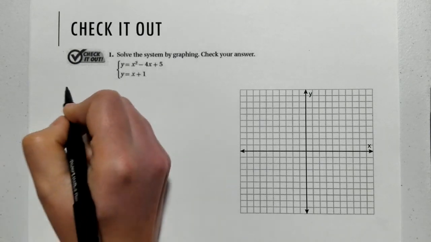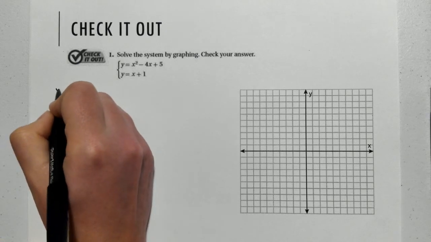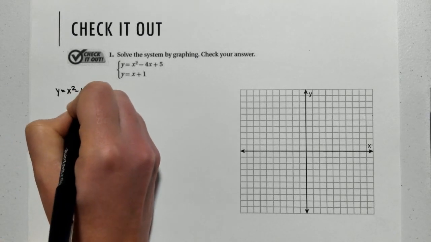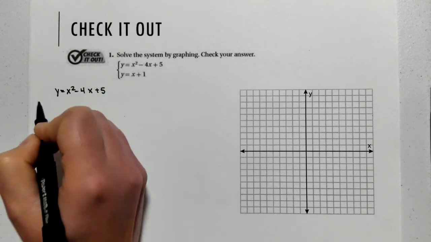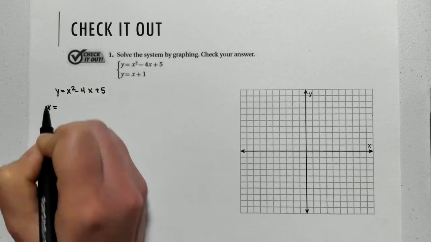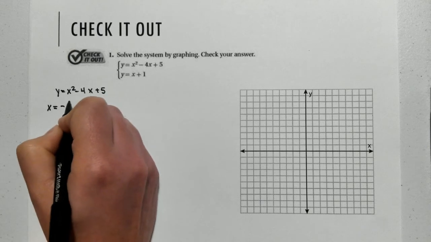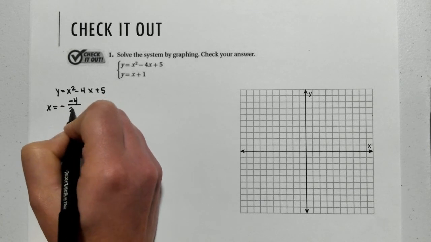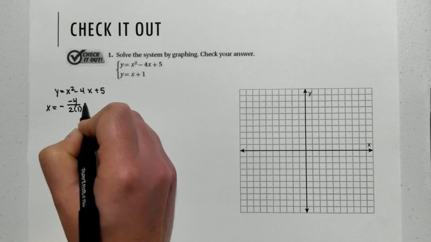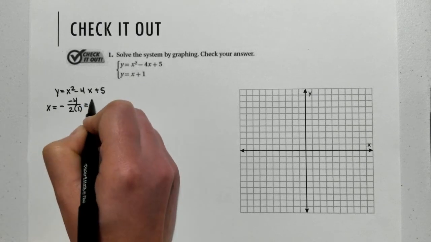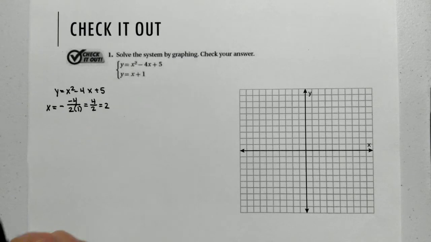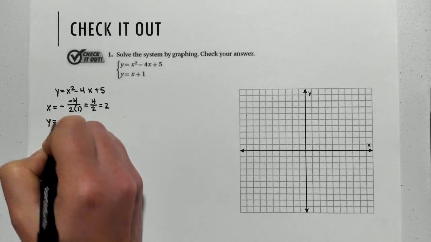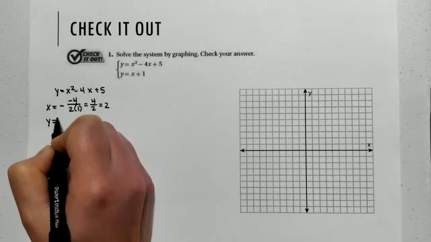So I'm going to start by looking at my quadratic equation. So y equals x squared minus 4x plus 5. I'm going to identify that axis of symmetry. So x equals negative b, b is negative 4, over 2a, so 2 times 1. Negative times a negative is a positive, so I have positive 4 over 2, which gives me 2. And then to get my y value for my vertex, I'm going to substitute in the 2.